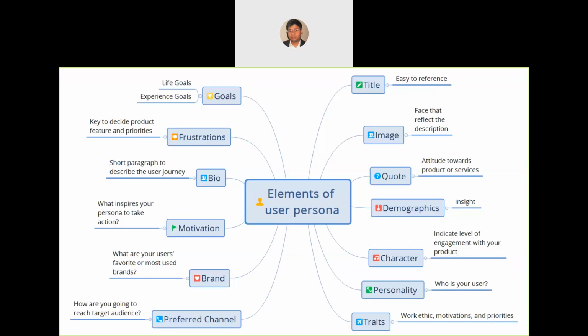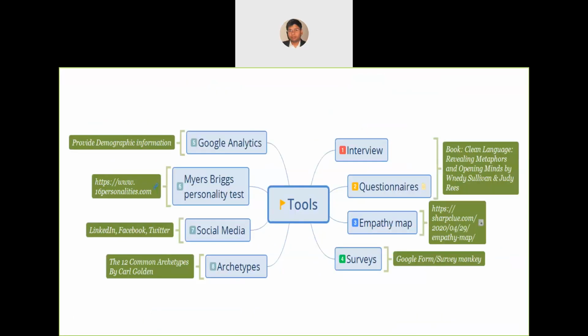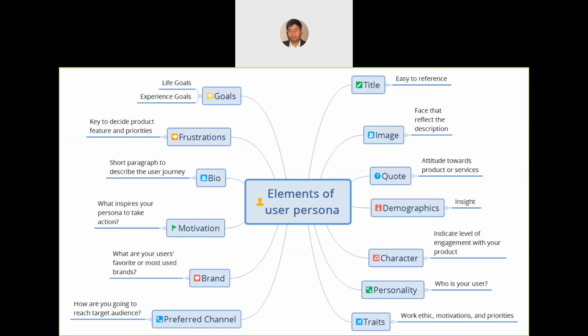Personality, again from the archetype and the personality test, we can figure out these two things. Traits: what is the work ethic, motivation, priorities, is he or she a workaholic, or is work-life balance the major trait for him or her. So these are the major traits which we should write down while creating the user persona.